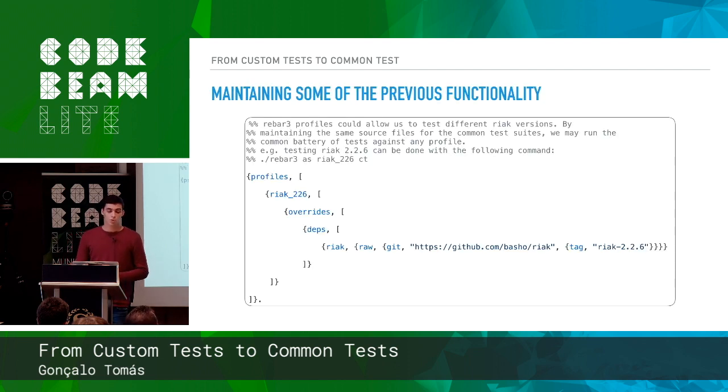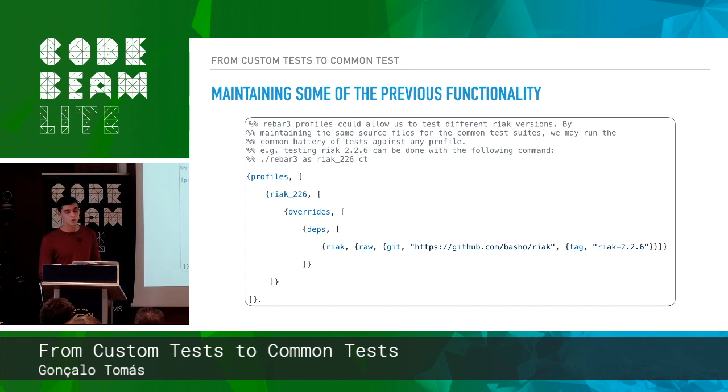Okay, how do we test for different versions of Riak? Basically, we accomplish this with rebar 3 profiles. By default, the new Riak test is configured to add a dependency of Riak which just follows the tag that is on master, or the latest tagged version, for example.